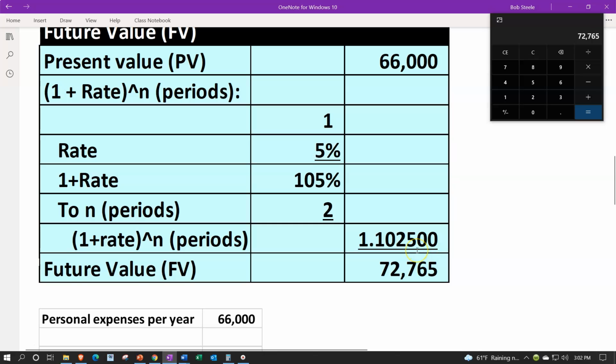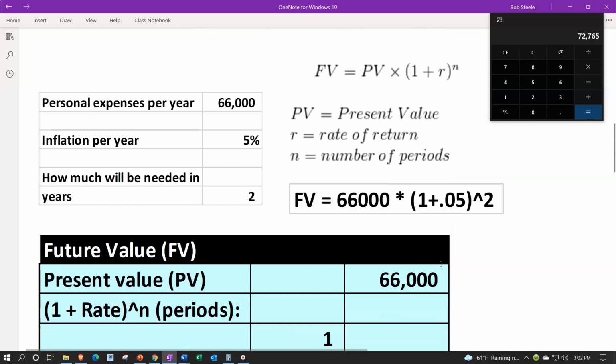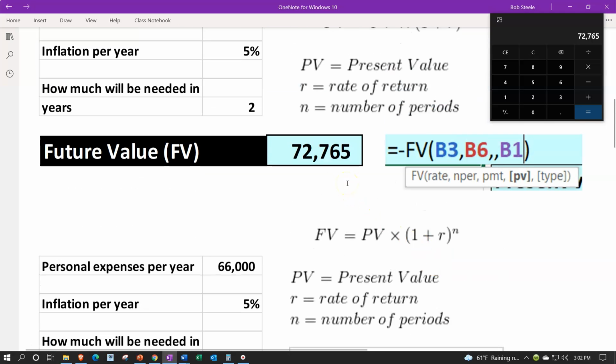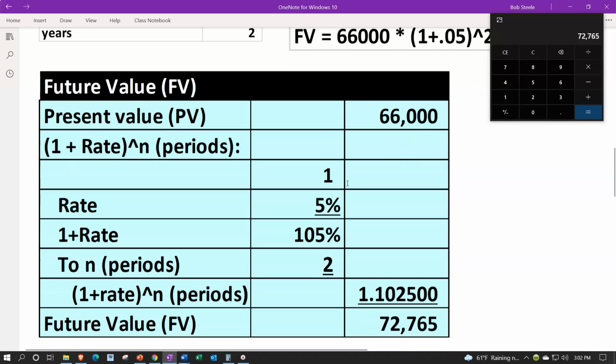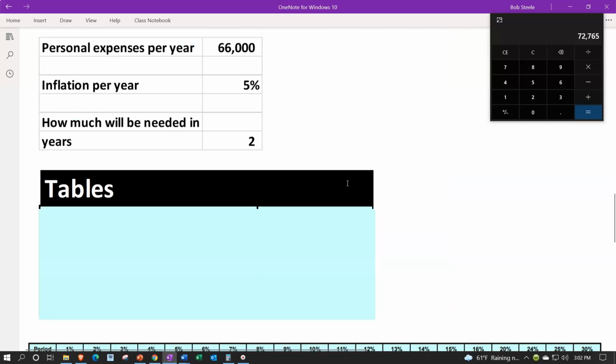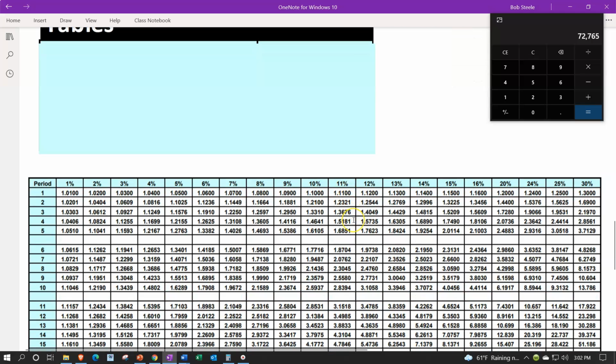Note that this is rounded out to 4 digits. If this was something that was 4 digits longer, then you would most likely result in a rounding difference, meaning our calculation from the formula and from the Excel function would differ by rounding from what's on the table, given the fact that you can see the tables down here are brought out to 4 digits.